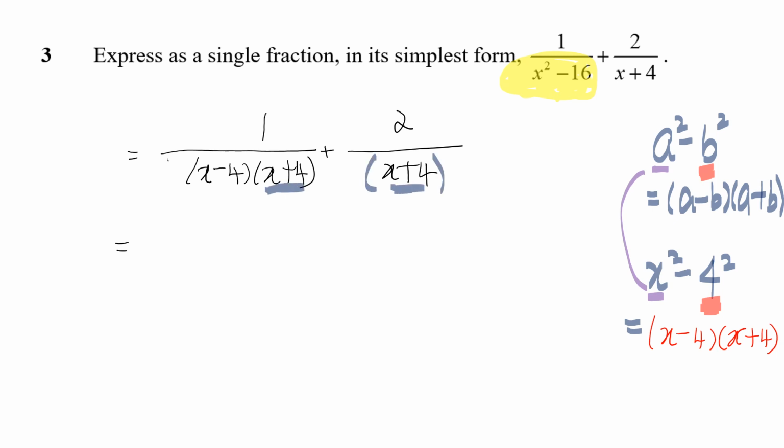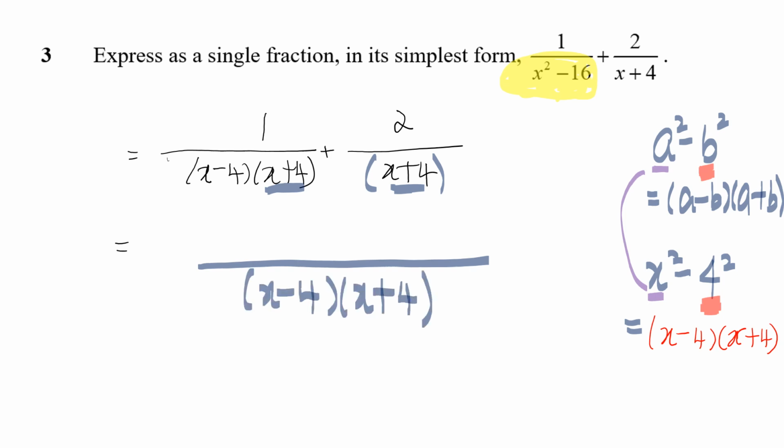Same family. Just put the bracket and then they become the same already. Bracket x plus 4. Okay. So in other words, the common denominator is just x minus 4 and x plus 4. Okay. So I don't need to do anything to this guy. Because the denominator is exactly what I have at the bottom. So just 1 can already.